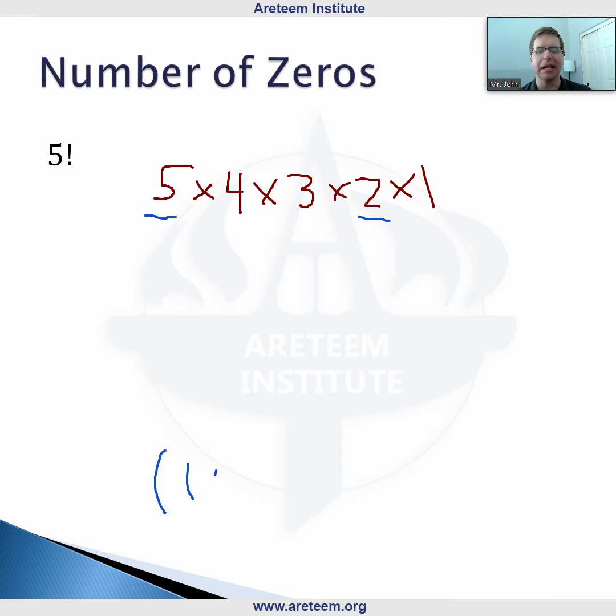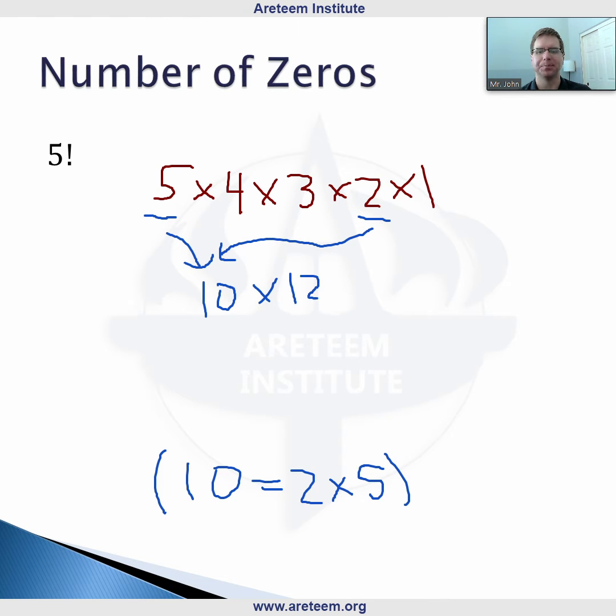Well, 10, right, 1 0. Anytime you multiply a number by 10, you're adding a 0 to the end of the number. So what we can do here is rewrite this as 5 times 2, so this is a 10, and then we have the times 4 times 3, times 12.